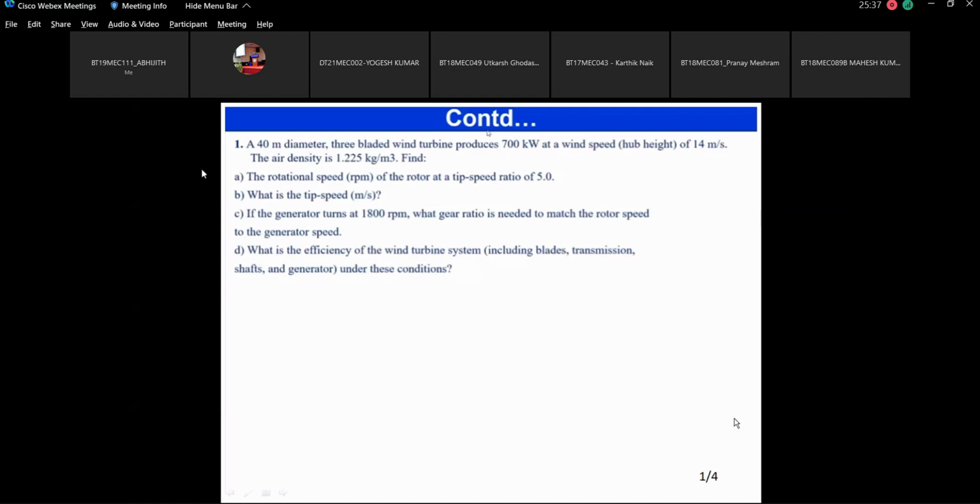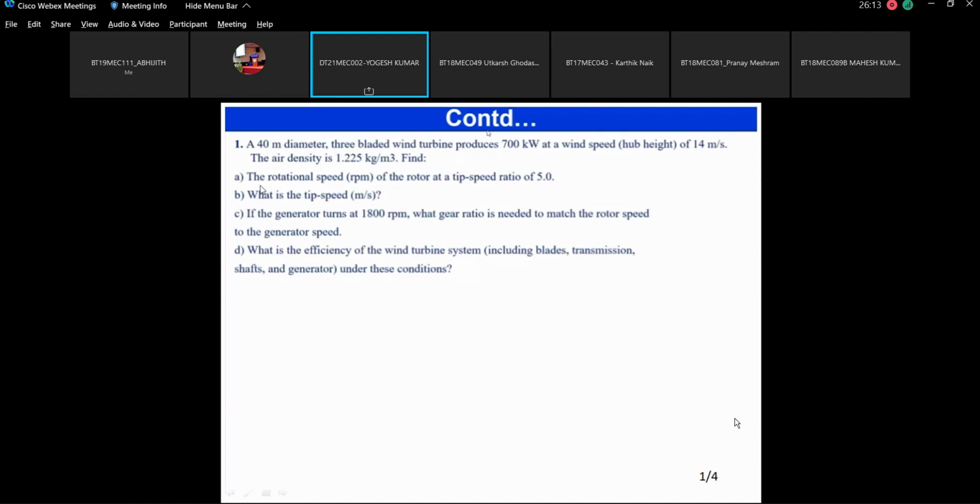So in this numerical, a 40-meter diameter, 3-bladed wind turbine produces 700 kilowatt at a wind speed at hub height of 14 meter per second. Means free stream velocity is 14 meter per second. The turbine produces 700 kilowatt with a diameter of 40 meter, and the air density is 1.225 kg per meter cube.